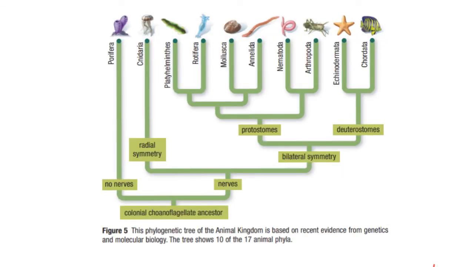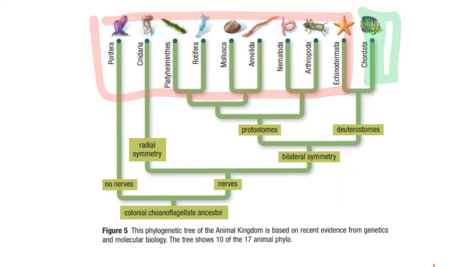And so if we go back to the whole picture again, here's our invertebrates over here, and our vertebrates over here, shown by a fish, what looks like probably a bony fish.